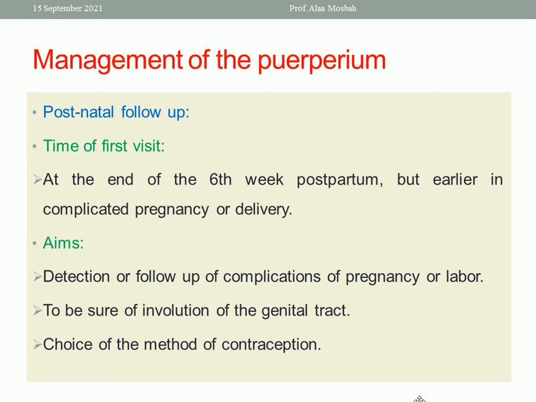To detect and follow up any complication of pregnancy or labor, to be sure of involution of the genital tract and the healing of any lacerations or episiotomy, choice of the method of contraception, and to discover any complication that happened during the period.